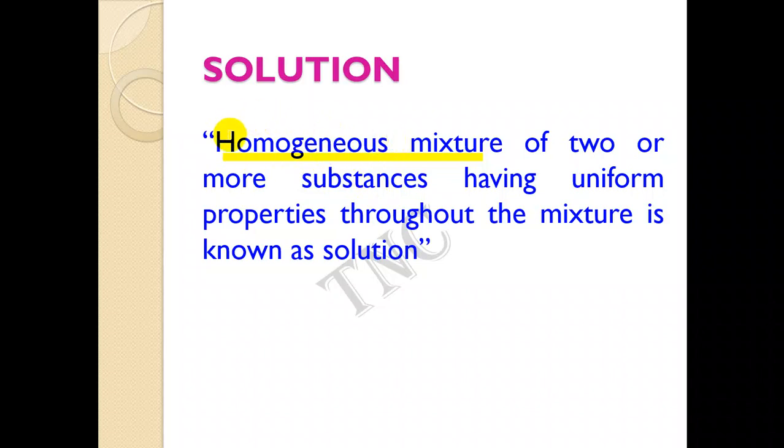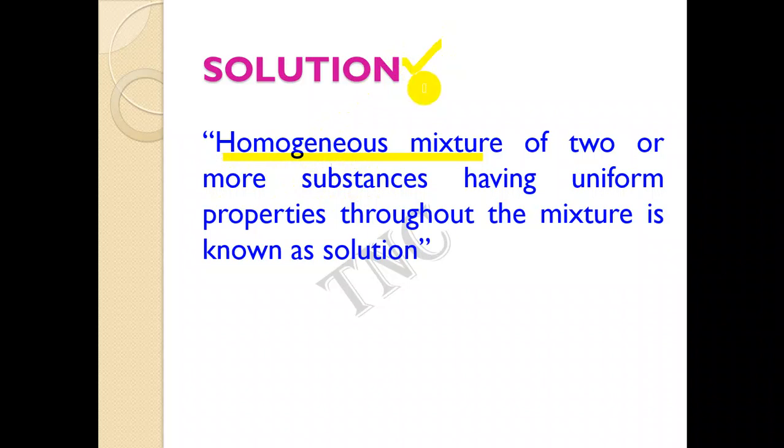The substances are uniformly mixed with each other. That kind of mixing is known as homogeneous. So whenever you have a homogeneous mixture, that can be denoted as a solution, right?